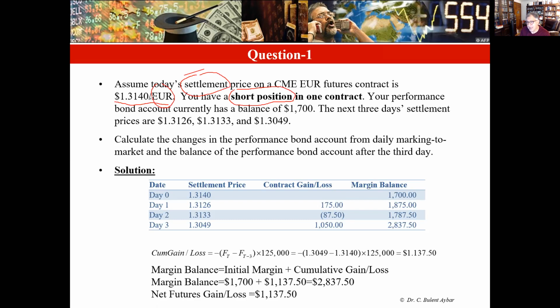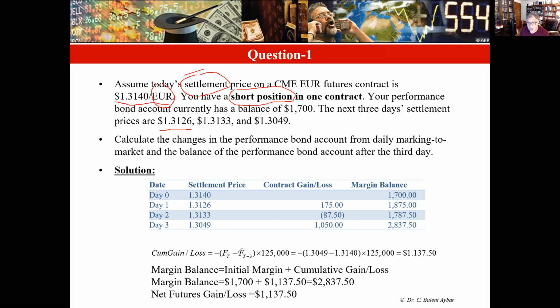So let's go to the next day. The next day, the price turns out to be 131.26. 131.26 is less than 131.40. Since we are a contract seller, a declining contract price will create a gain for us. If you look at this formula here, this is how we can calculate the gain or loss in the contract.